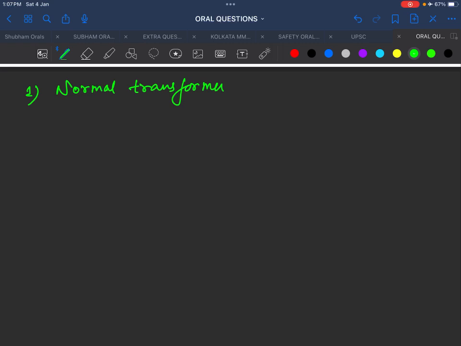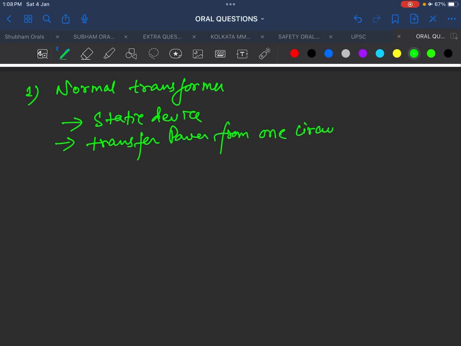It means we can increase or decrease the voltage, but the frequency is the same. And this is a static device. Transformer, static device. Transfer power from one circuit to another circuit.